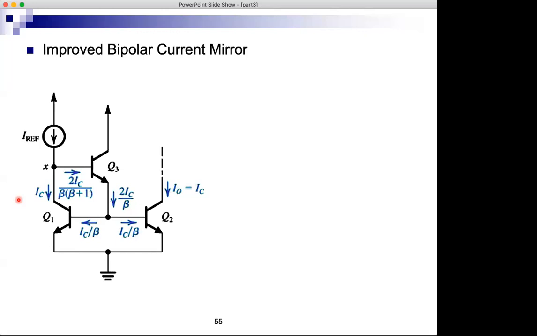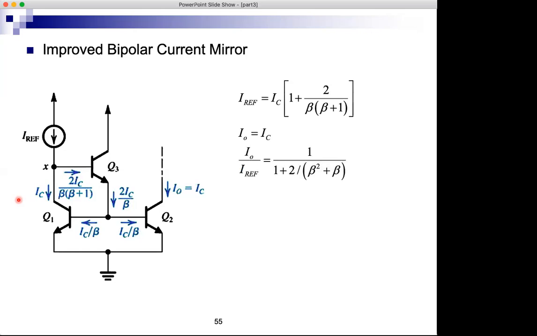All right, another KCL at the X node will give us IRF equal to IC plus 2 IC over beta times beta plus 1, which is IC times 1 plus 2 over beta times beta plus 1. And the output current is IC, and the output current over the reference current is now 1 over 1 plus 2 over beta squared plus beta.